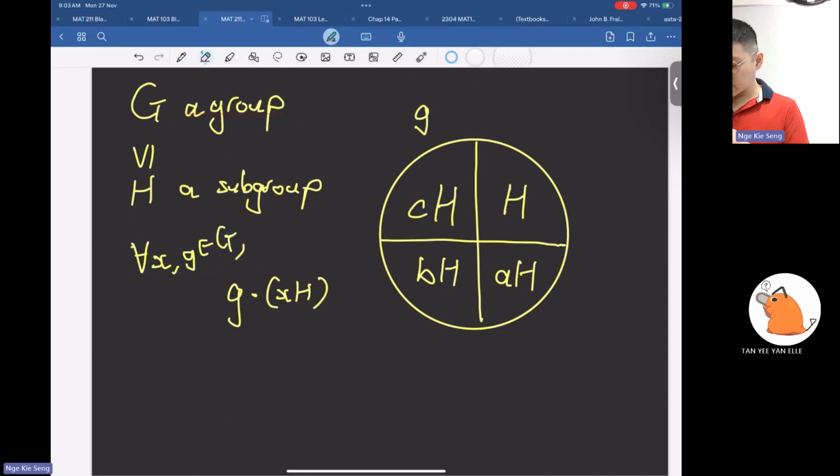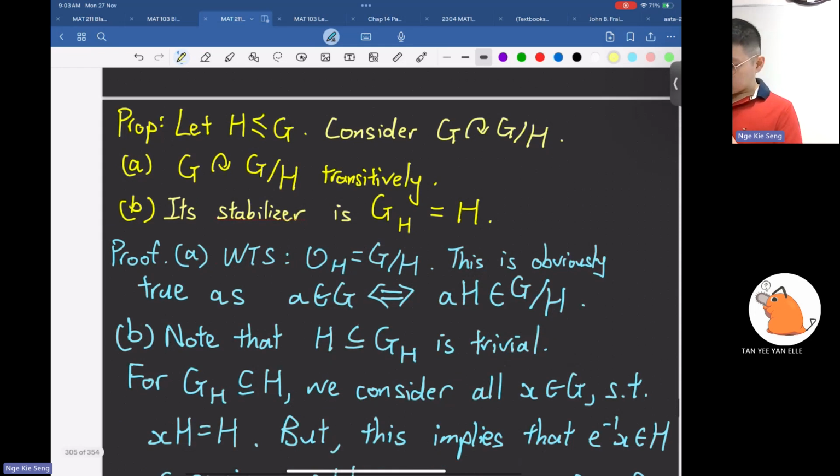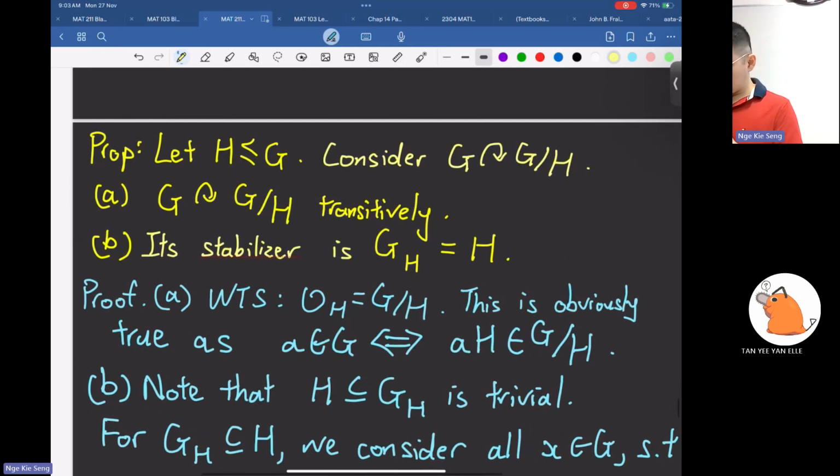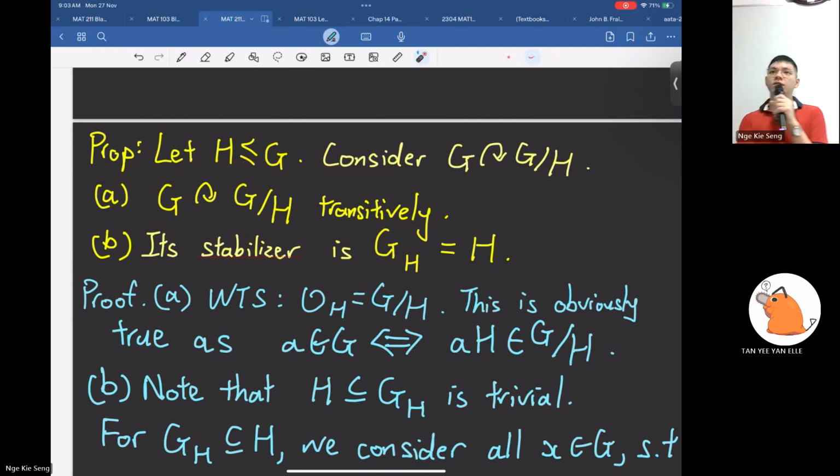You simply multiply with your representative and get the corresponding coset. And then this will permute the set of cosets. And then I want you to show that the action is transitive. What does it mean by transitive?